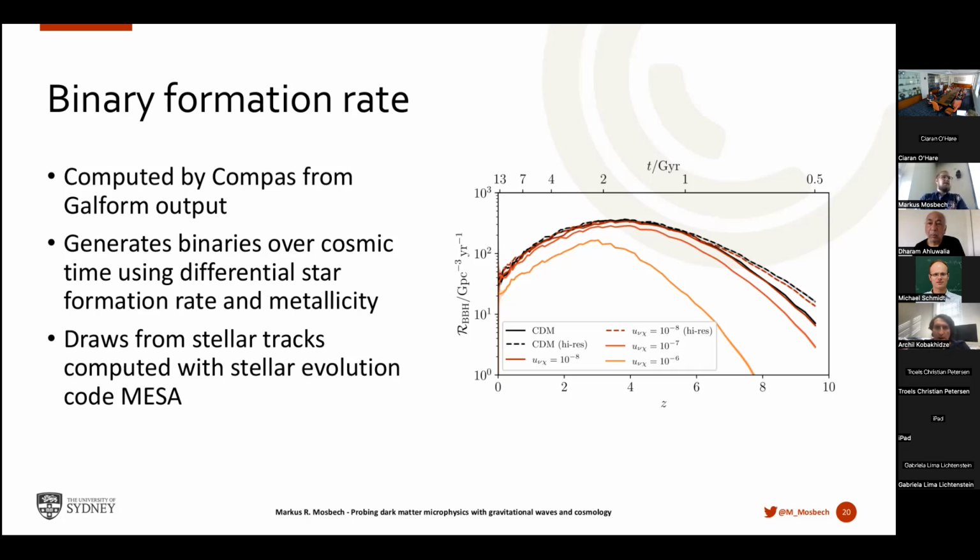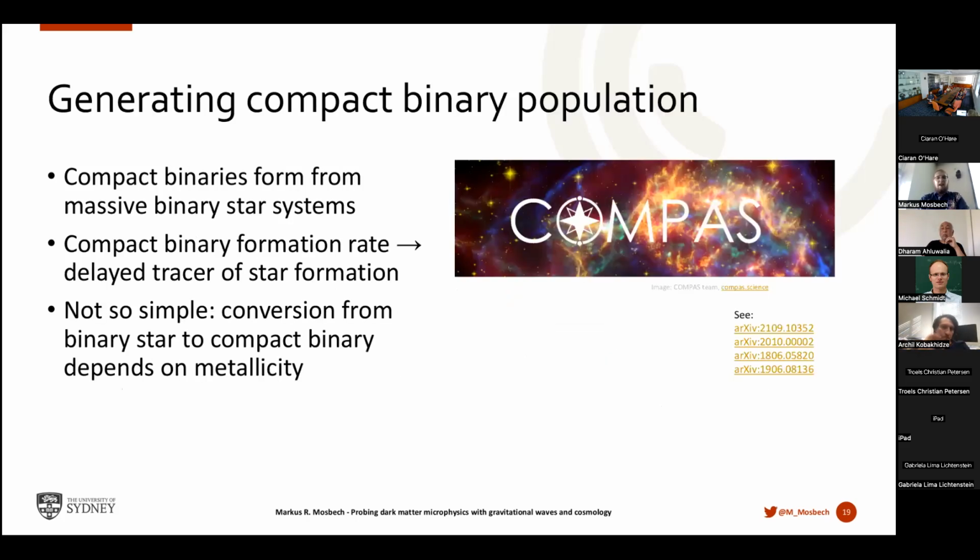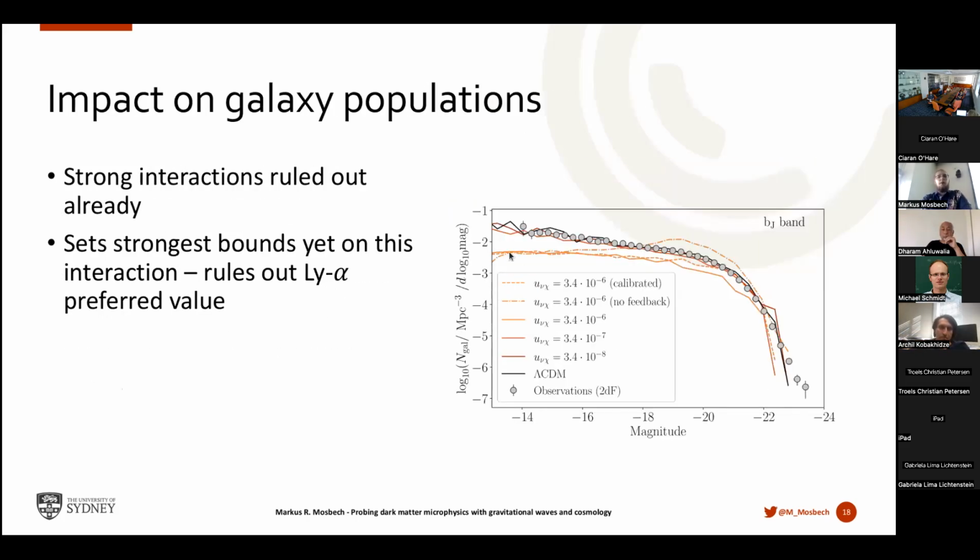What we find is that the difference between these interacting models is larger at early times, and then they essentially converge towards CDM the longer we wait. So for the galaxy counts, as we saw here, all these models except for the 10 to the -6 are ruled out by current galaxy counts. So you need some really high redshift galaxy counts.